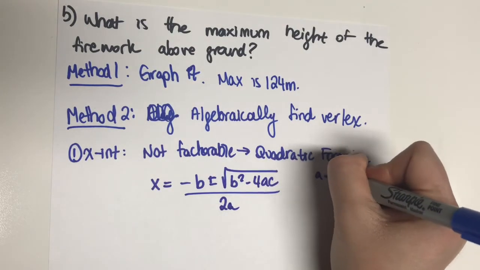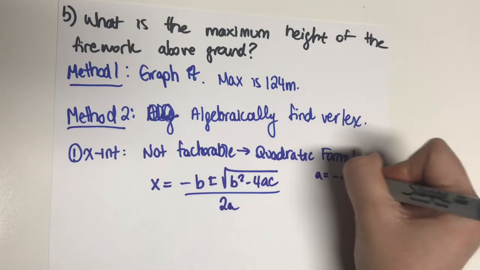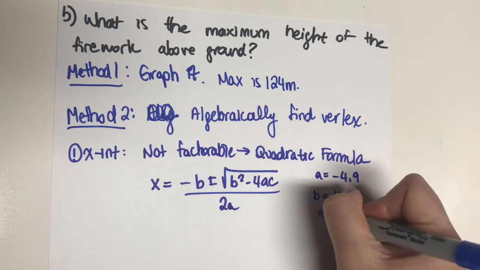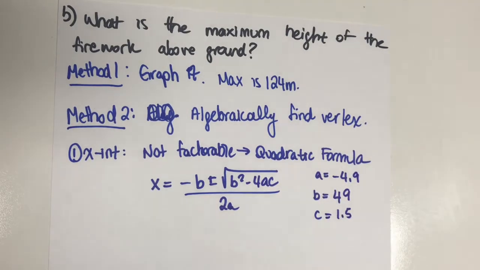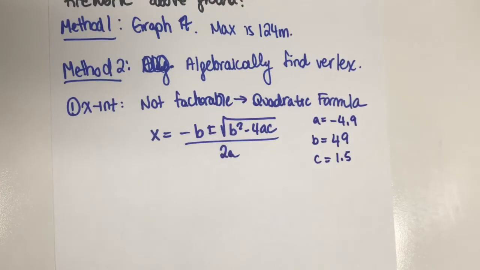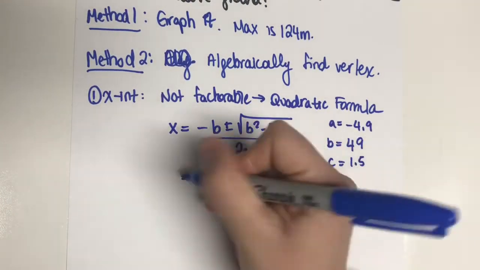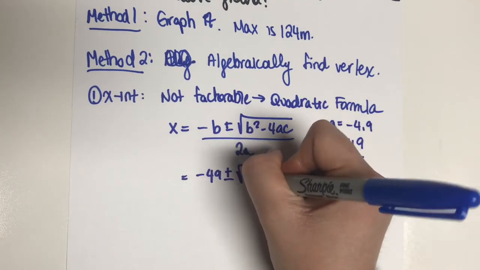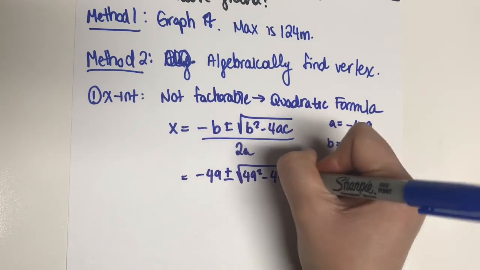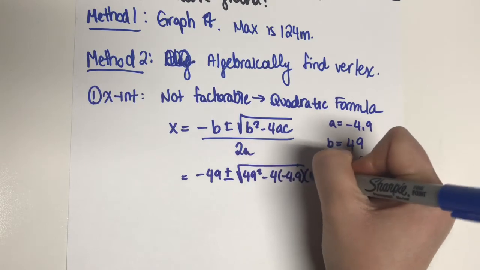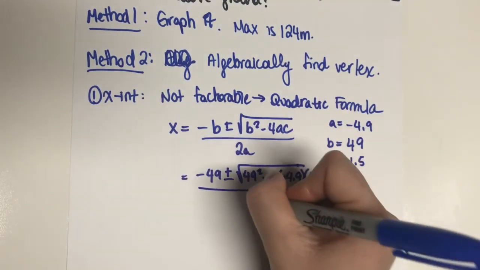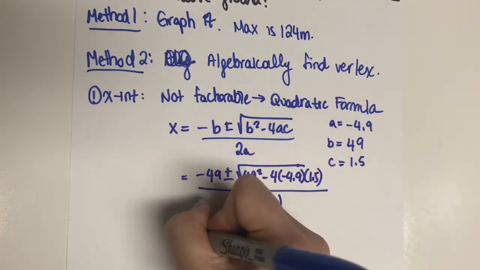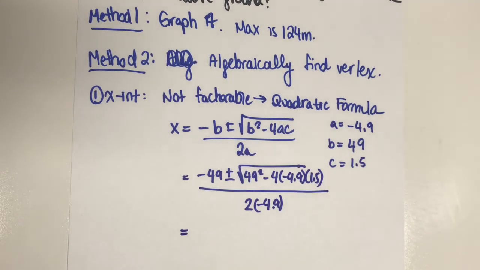So I know that my a in this case is negative 4.9, my b is 49, and my c is 1.5. So those are the values that I'm going to substitute into the formula. Okay, and I'm going to simplify this.